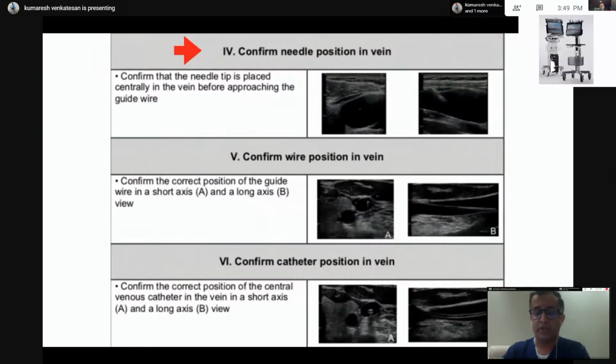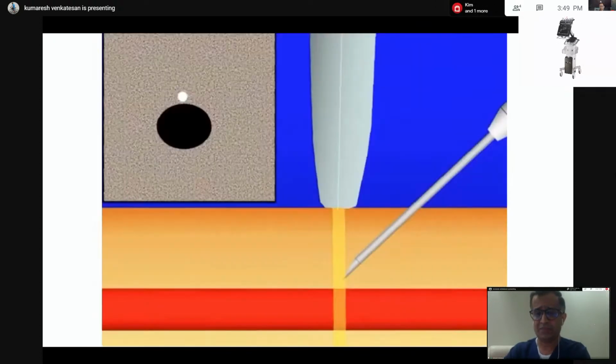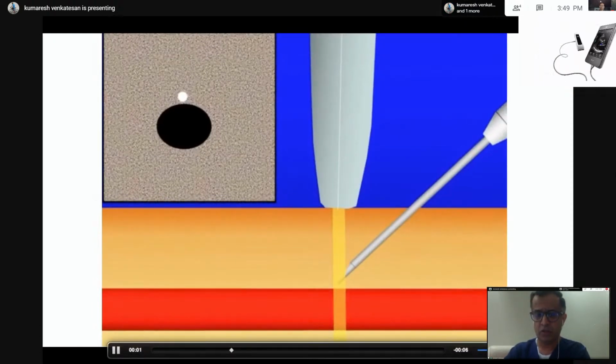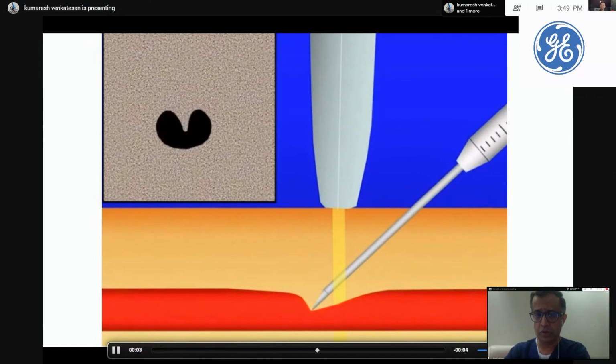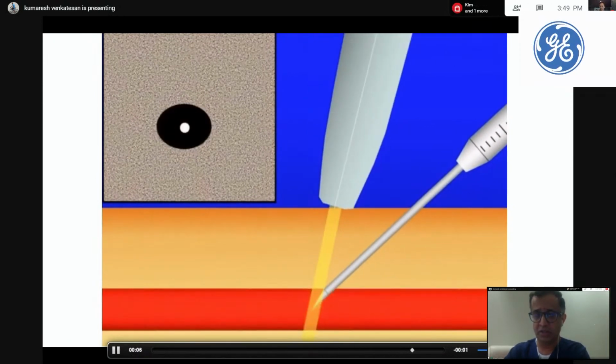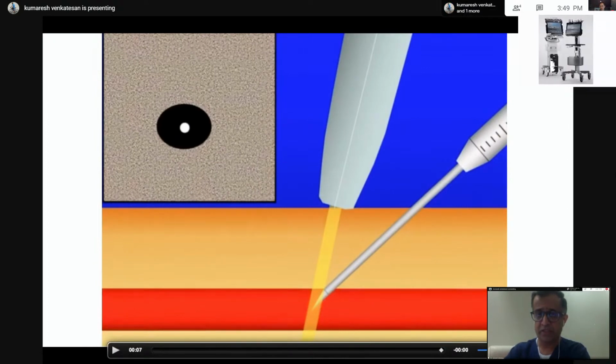Okay, the next step in the 6-step approach is confirming the needle position within the vein. Once the needle tip has reached the anterior wall of the vessel, look for the needle indenting the anterior wall of the vessel, and advance the needle tip so that it is within the vessel.